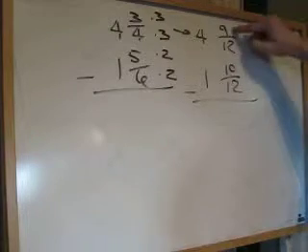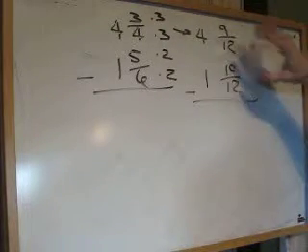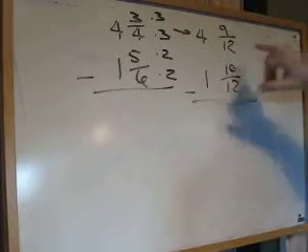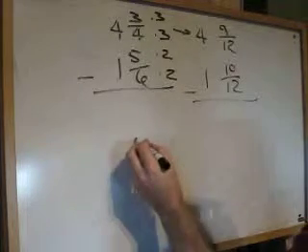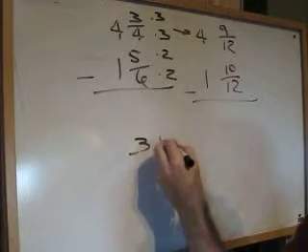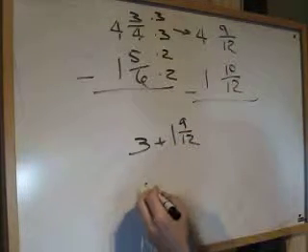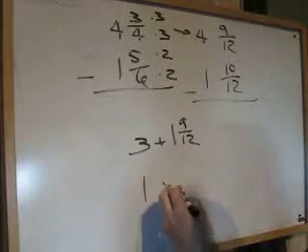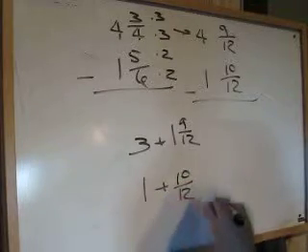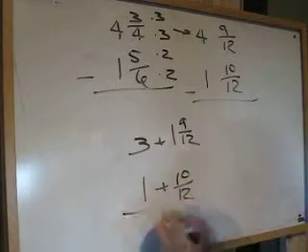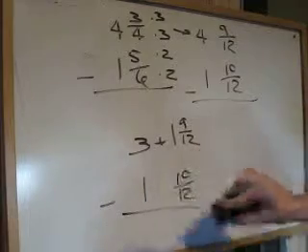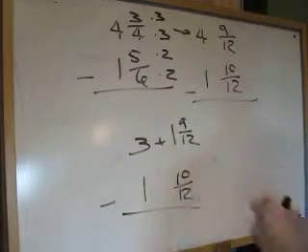Notice, top number is smaller than our bottom number, so we're going to have to make some changes here. So let's make this a 3 plus 1 9/12, and we'll leave that one as a 1 plus 10/12. I guess we don't even have to really put the plus sign in here because we're just trying to change this so this number is larger.